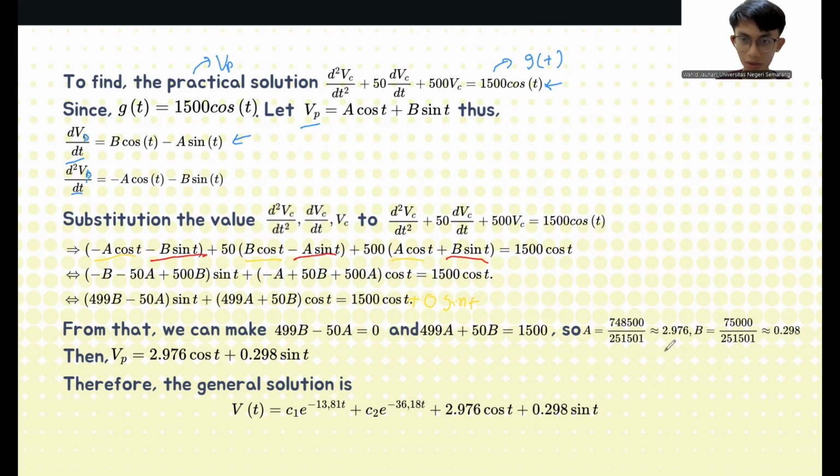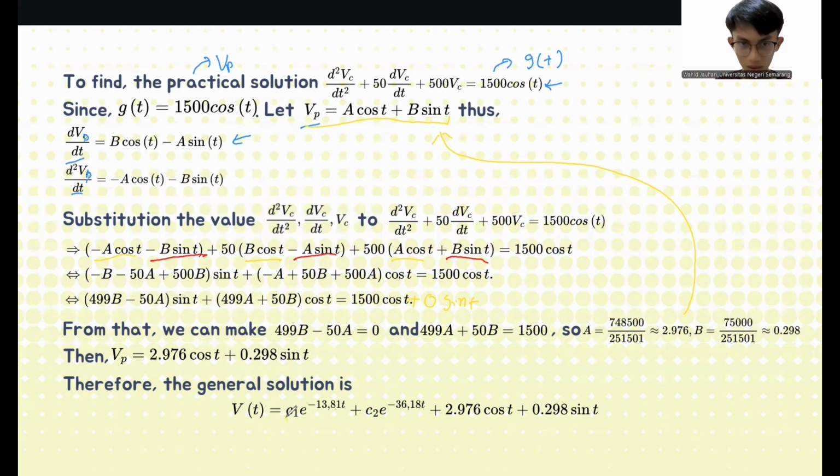We substitute the values of A and B into Vp, so we have Vp equal to 2.976 cos t plus 0.298 sin t.